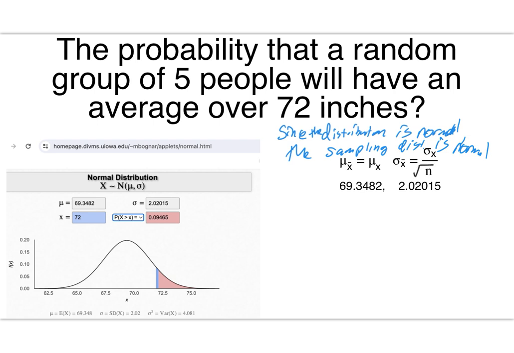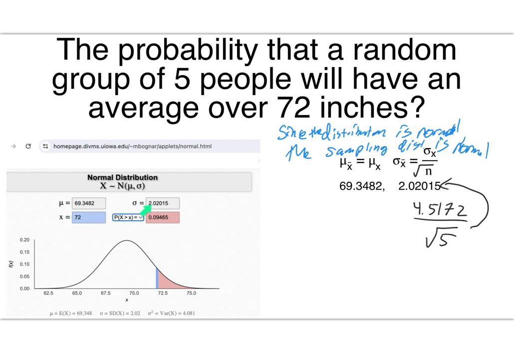And then if we were to go back and look, this number that we had was 4.5172. That was the standard deviation of my population. We're going to be doing it out of 5 people. That's the standard deviation of the sampling distribution. And that's what I have drawn over here. So original average.